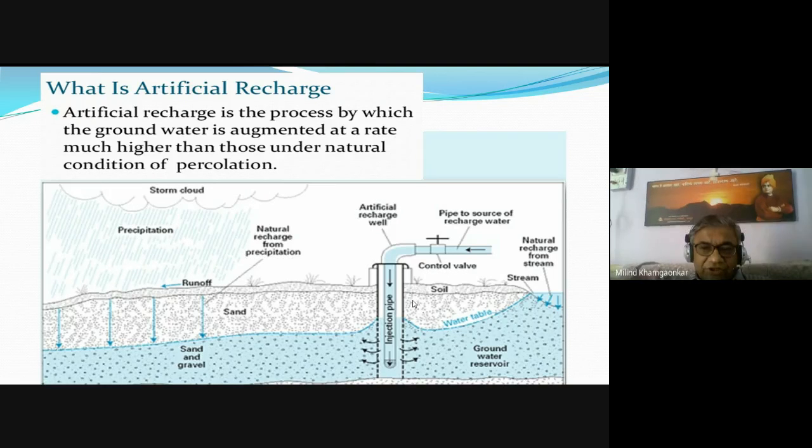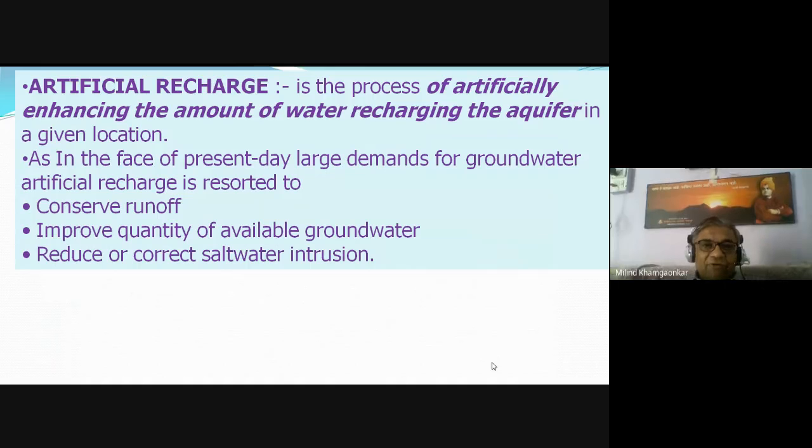Here you can see in this sketch, wherein the natural recharge from precipitation is also shown on the left side, and the artificial recharge through the pipeline, the water is being forced to percolate through a recharge well, and this water is being transferred through these aquifers.